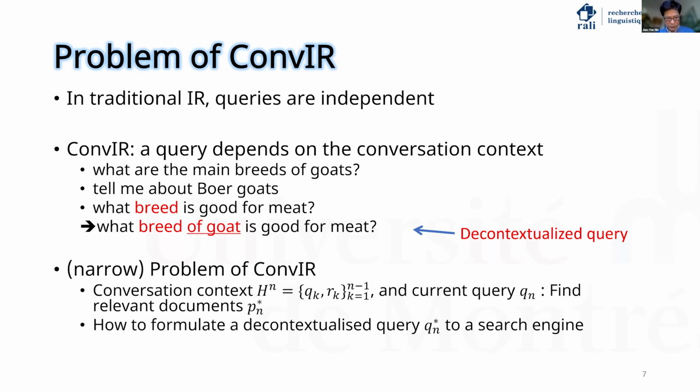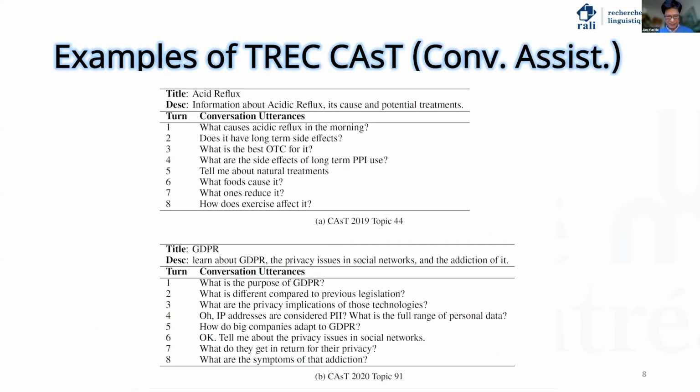So this setting is also called to reformulate the query in the conversational IR. So that's the problem that we can start with. And this problem has been investigated for several years in the IR community. So we have this CAsT data sets, experiments organized in track.